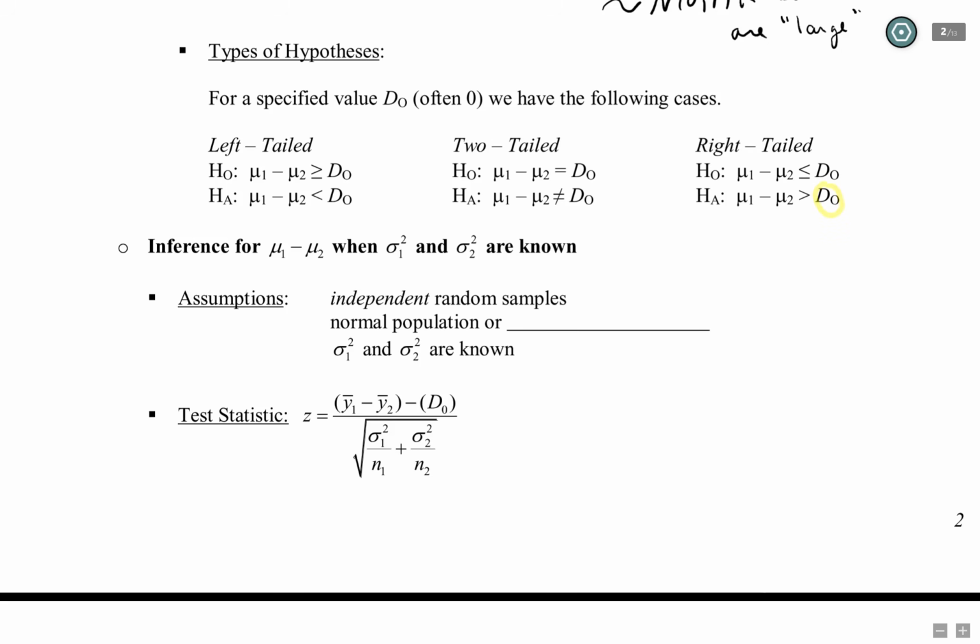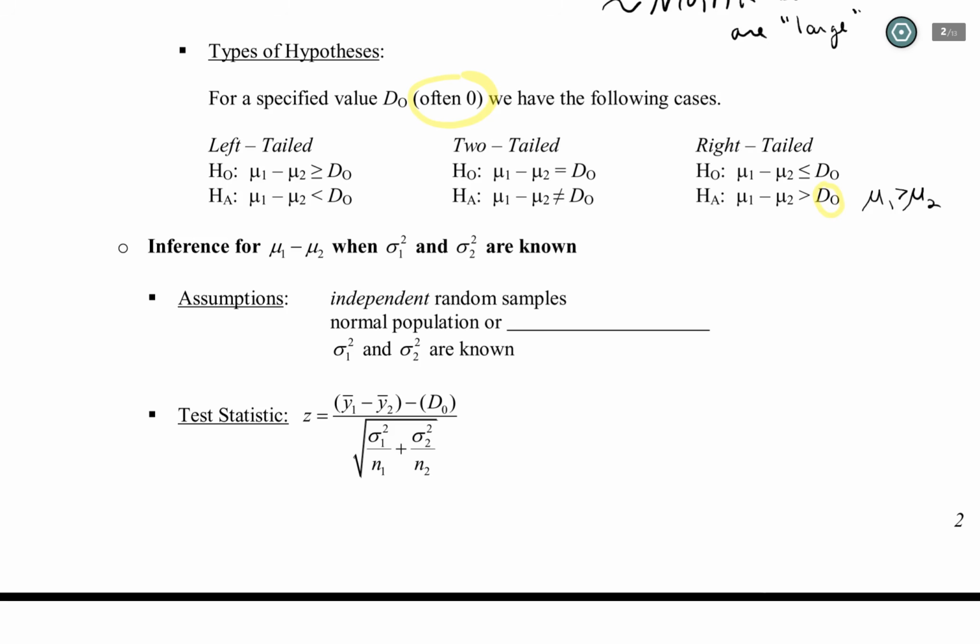Typically d naught is 0, and so if d naught is 0, then this alternative looks like mu1 is bigger than mu2. That's a common alternative hypothesis. Is the first mean bigger than the second mean?